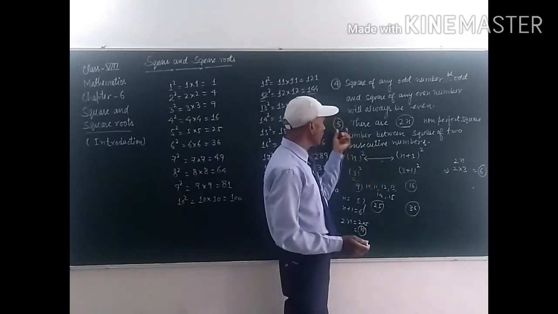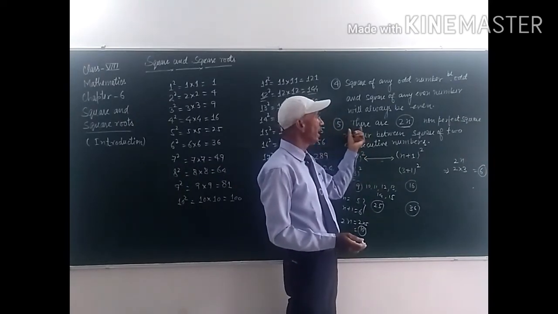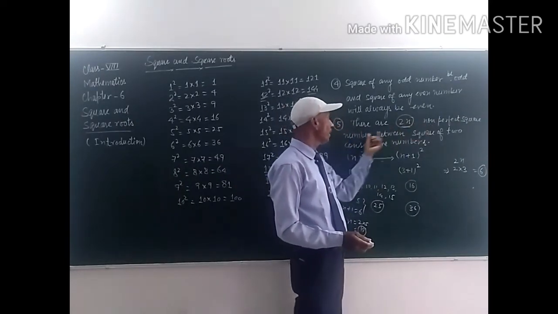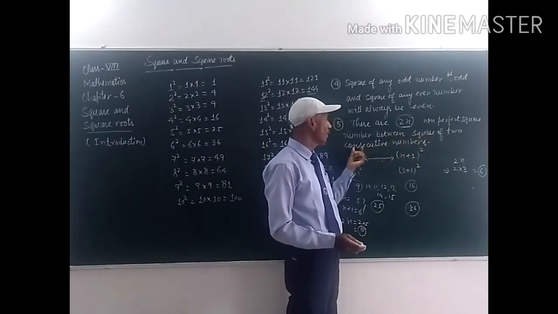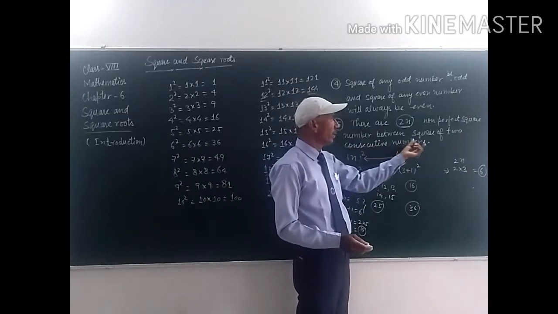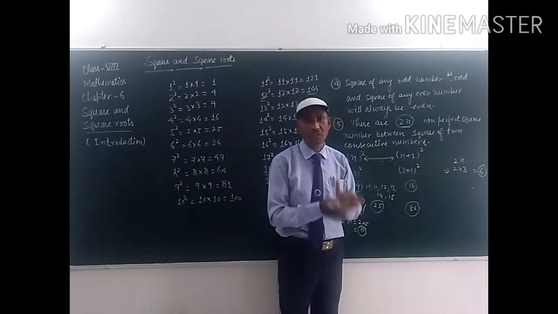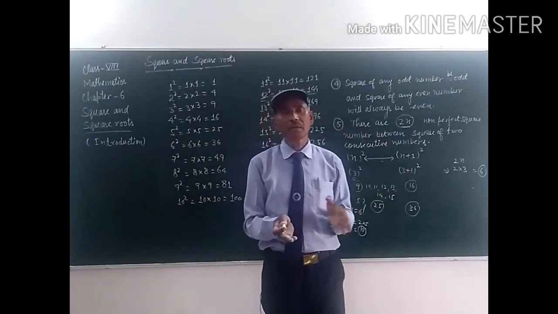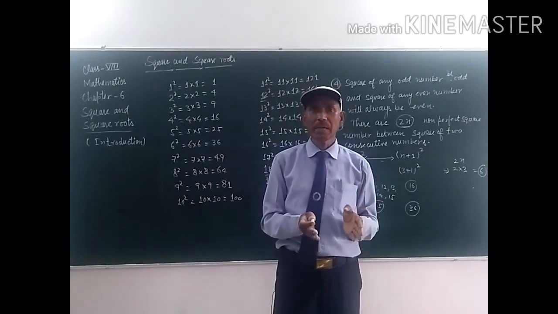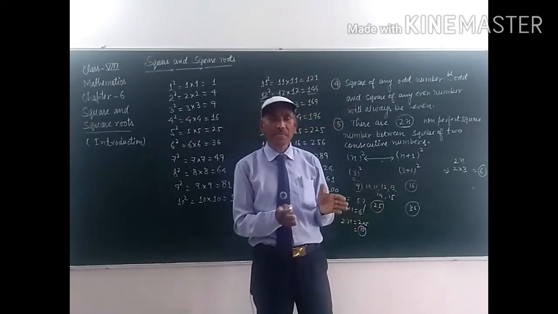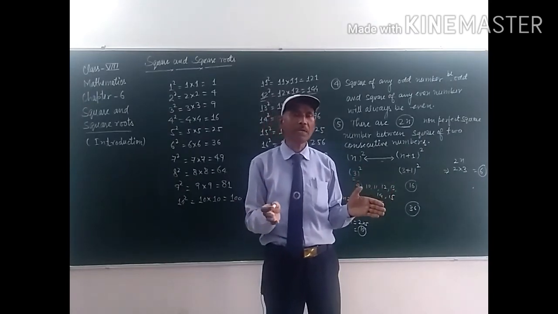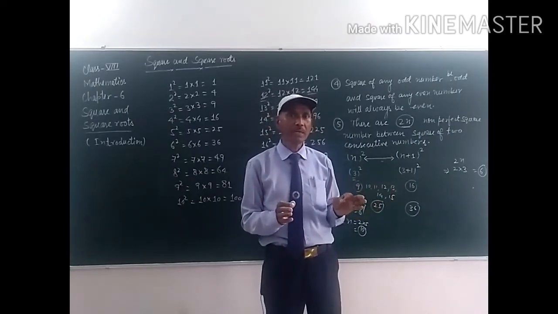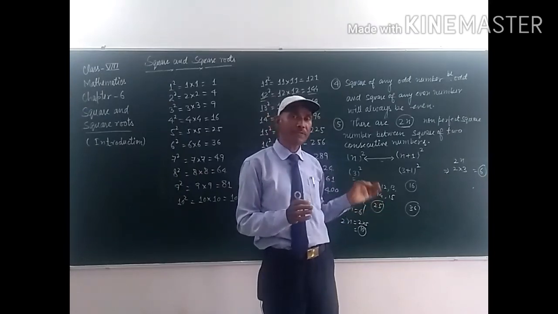So it is important, student, there are 2n non-perfect square numbers between the squares of two consecutive numbers. If we take two consecutive numbers and square them, then in between there will be 2n numbers. n is the first number.